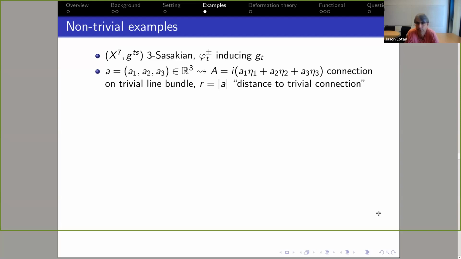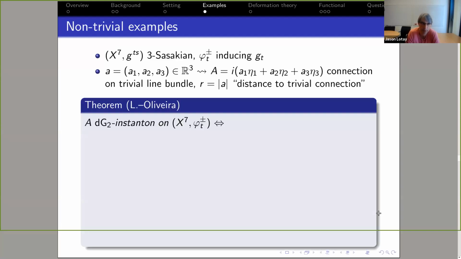So I find the easiest way to describe our examples is through a picture. This is a result with Gonzalo. We find that A is a DG2 instanton on these spaces if and only if we have the following. In the case of phi_t plus, we find the following picture. We always have the trivial DG2 instantons.